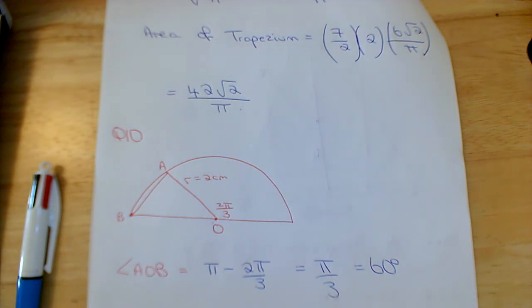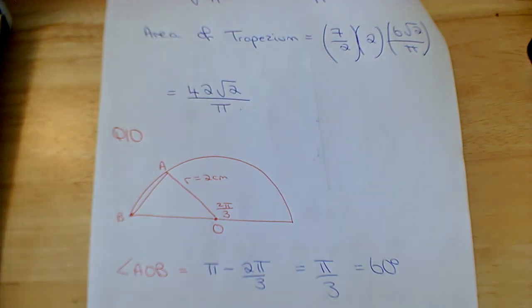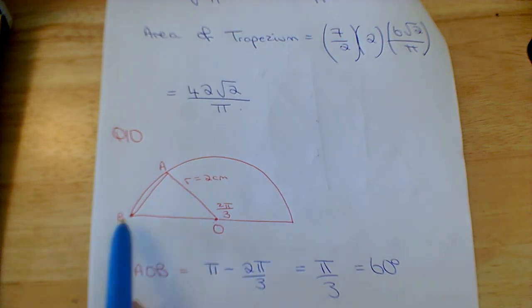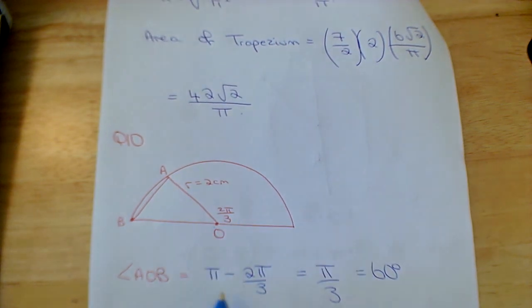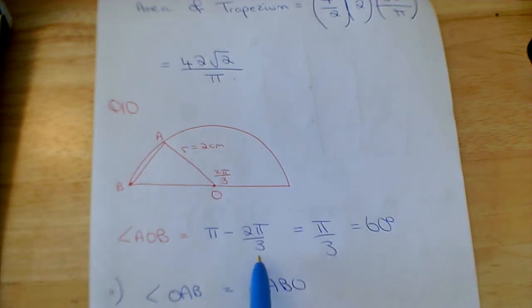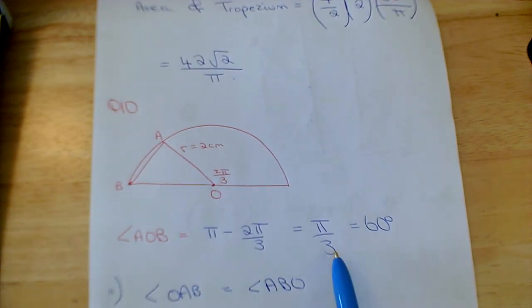Okay, right, so angle AOB, this part here, is equal to a straight line, 180 degrees is pi, minus 2 pi over 3, so that gives me pi over 3, and that's the same as 60 degrees. Then I'm asked to find the exact length of the perimeter of the shaded portion.